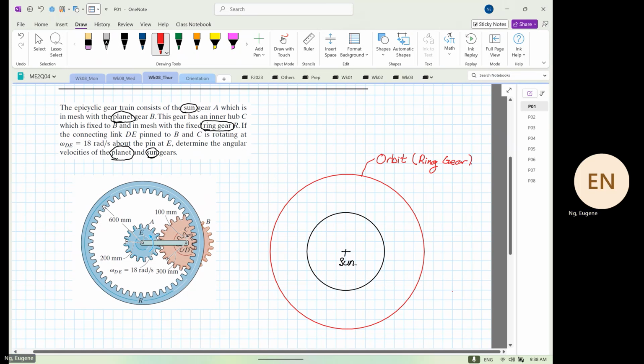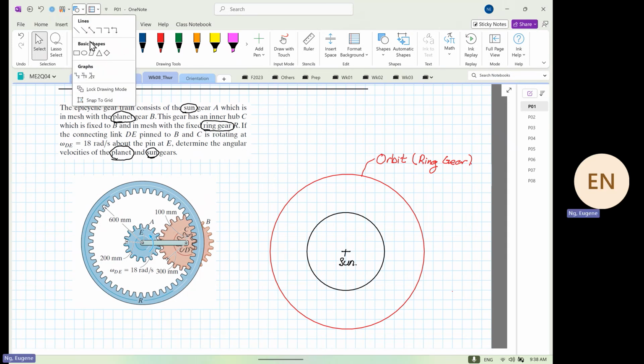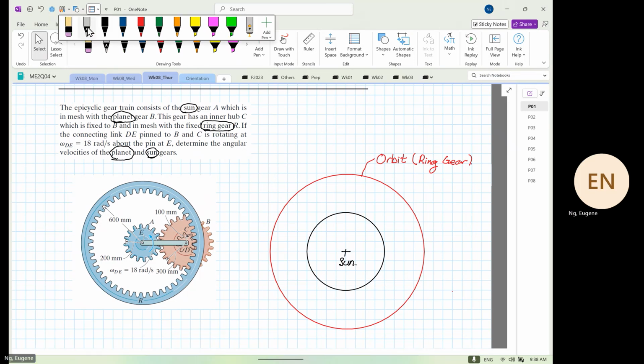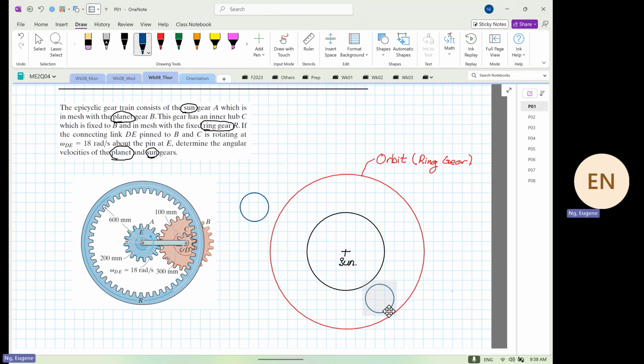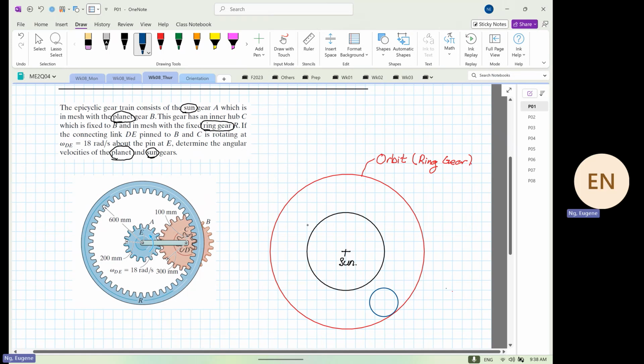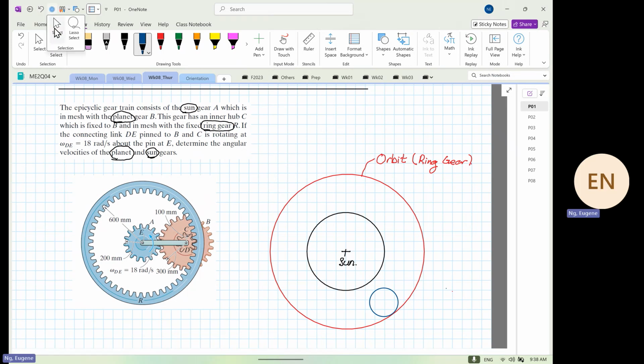Okay. And on this ring gear, you have what we call a planet. Okay, and this planet, and let me put in the same orientation.